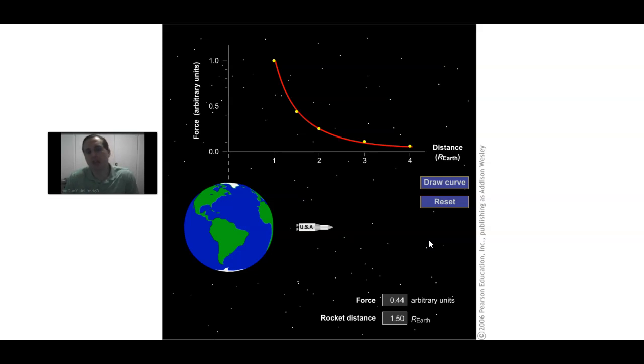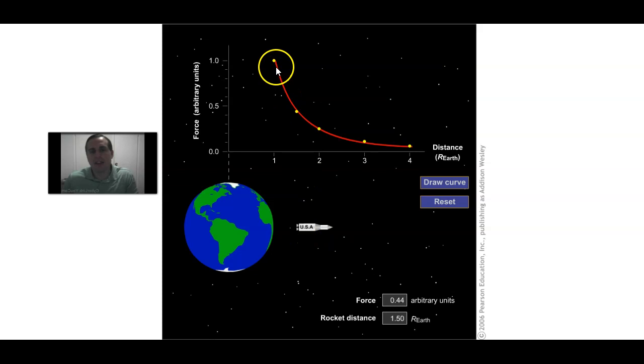For those of you that have taken mathematics classes, if this was the y-axis and this was the x-axis, this looks very similar to the curve 1 over x squared, the so-called inverse square function.